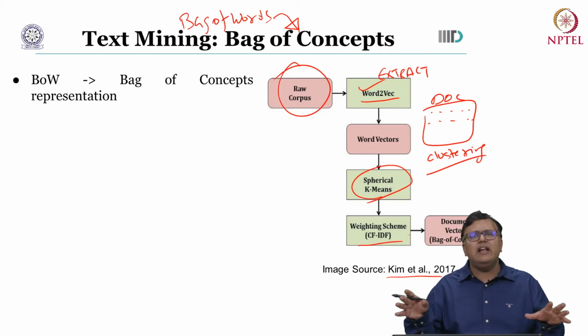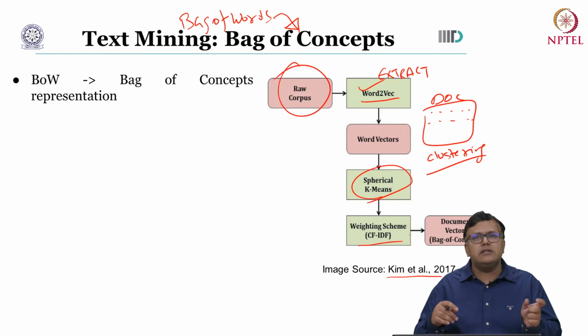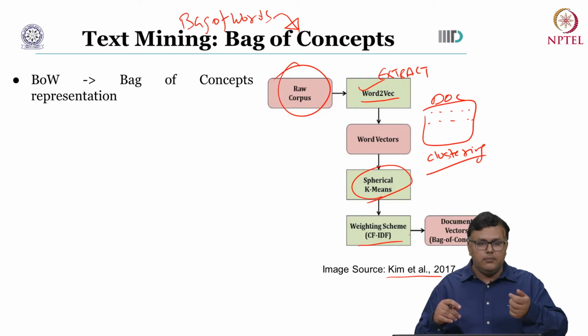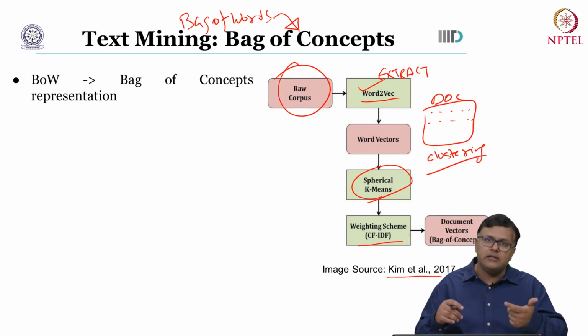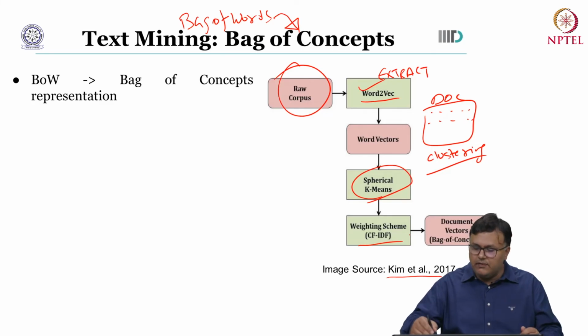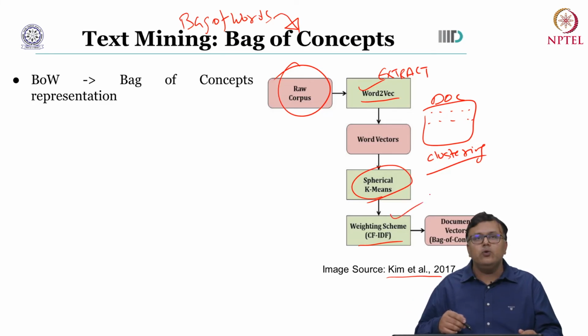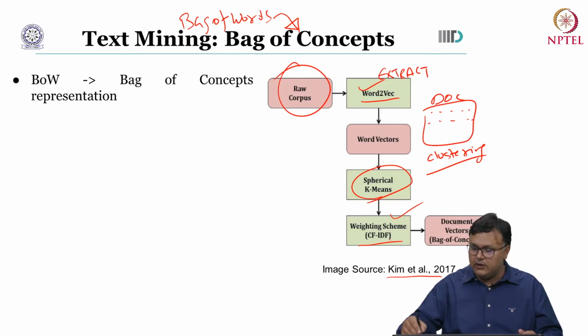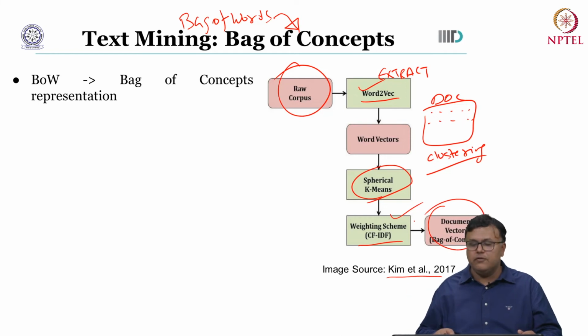Notice in the plain vanilla bag of words, when you are vectorizing an input sample, you would increment the bin in your histogram by, let's say, 1 when a particular word arrives. In this case, we want the histogram to be a weighted accumulation of the content in a certain bin. So you are doing your TF-IDF, and then you get a representation which you can further use for predicting the emotion.